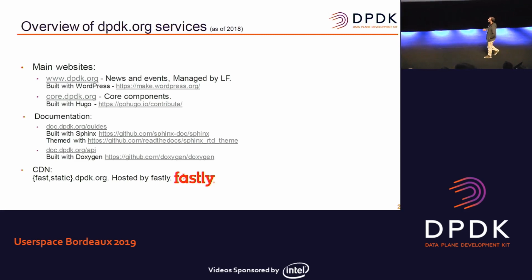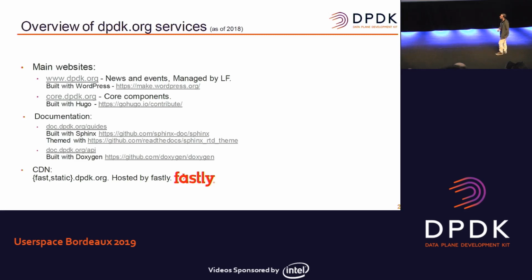So to start, we have two main websites. One is built with WordPress and is managed by the Linux Foundation. The other is core.dpdk.org, which is built with a framework called Hugo. It is managed by the community and is updated with patches sent to the web mailing list.